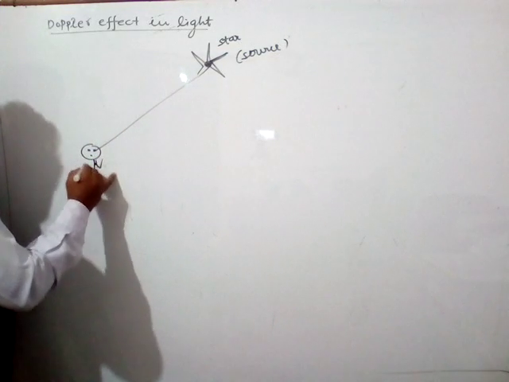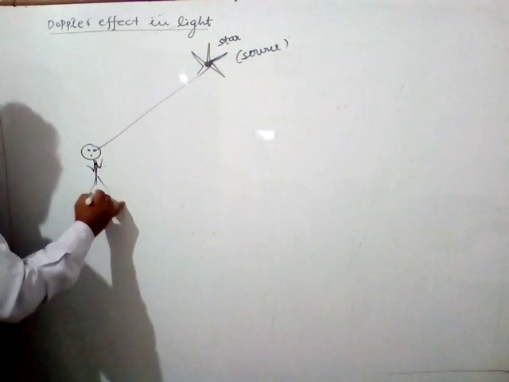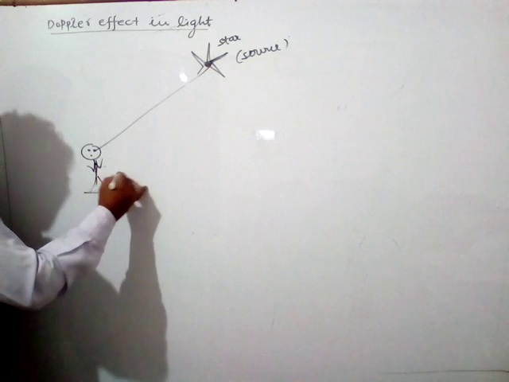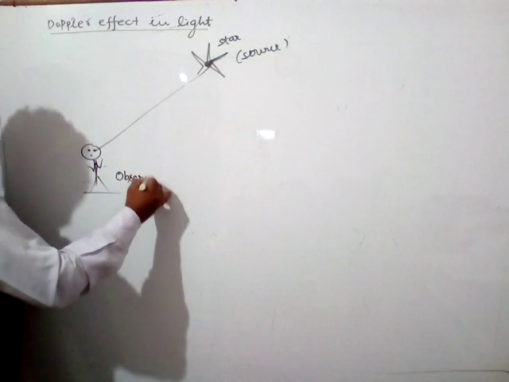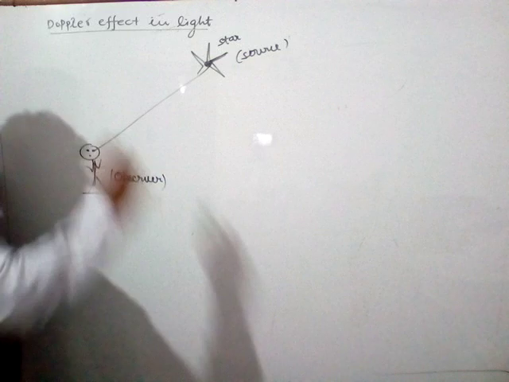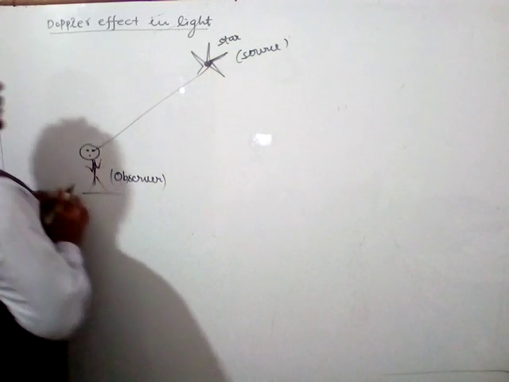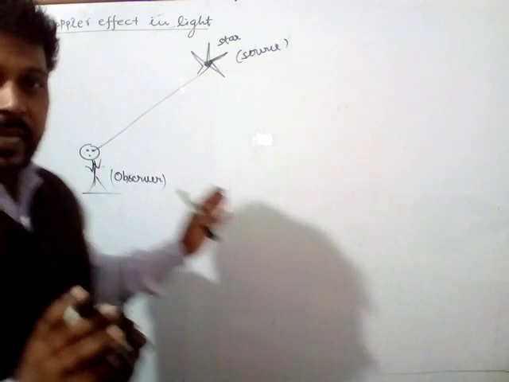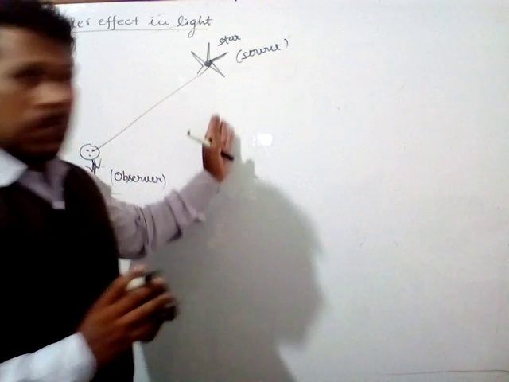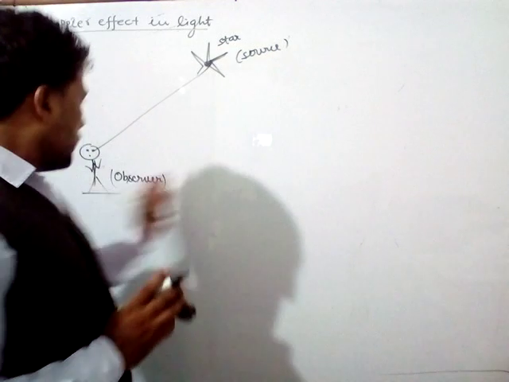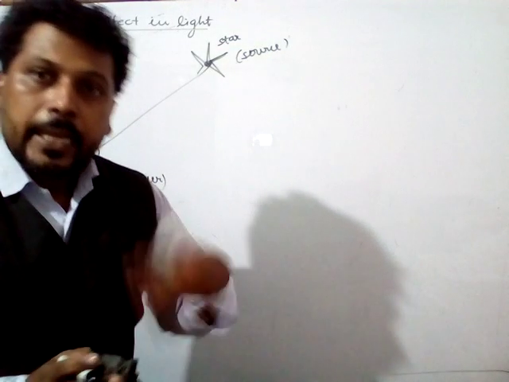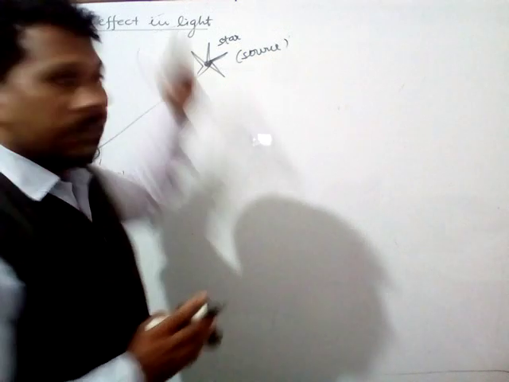Observer. So simply we can say that the relative motion between the source and observer is known as the Doppler effect in light.